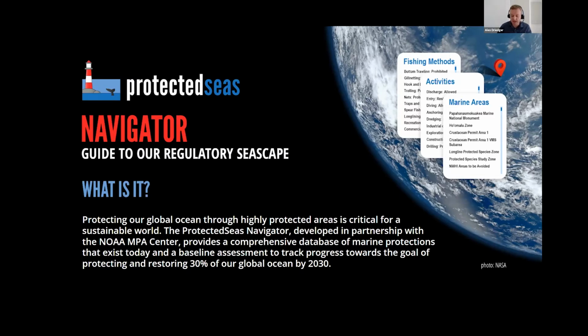Regulations and mapping data are sourced directly from management authorities, and the regulations are reviewed and summarized for inclusion in the database. As a guide to the regulatory seascape, Navigator not only helps fishers and boaters on the water stay aware of rules and regulations, but also helps inform the international ocean conservation community on the state and coverage of ocean protection, offering a baseline assessment to track progress towards marine protection goals.